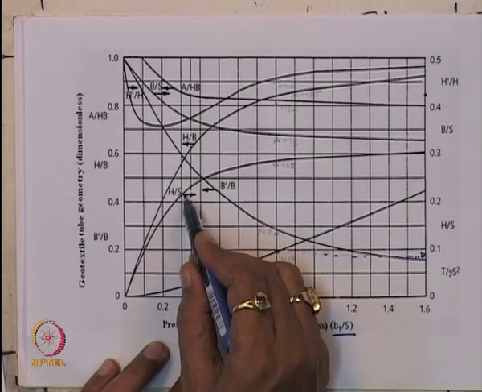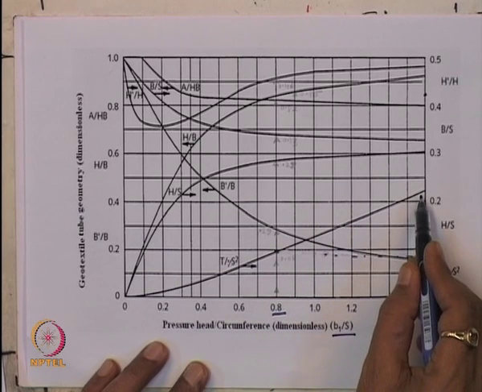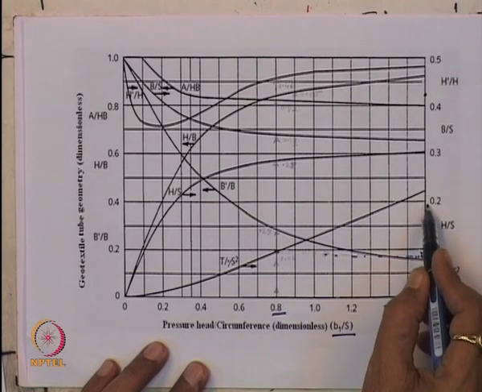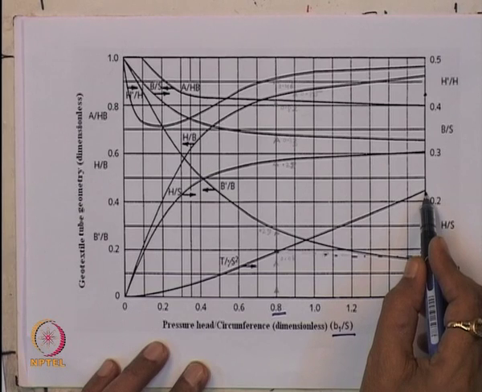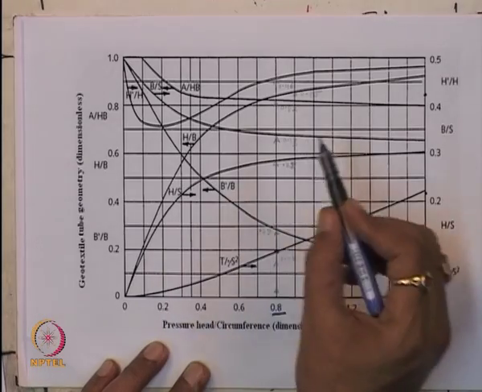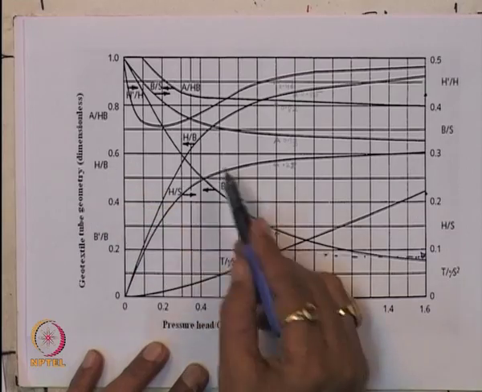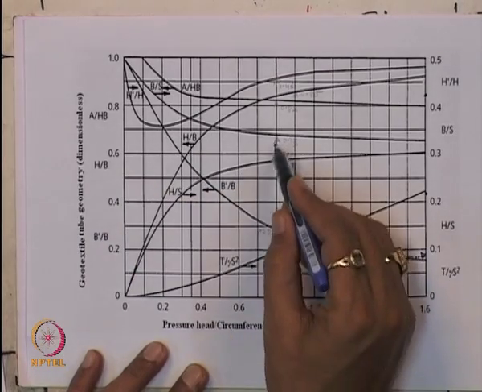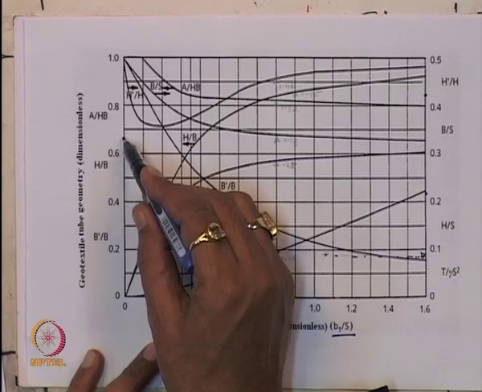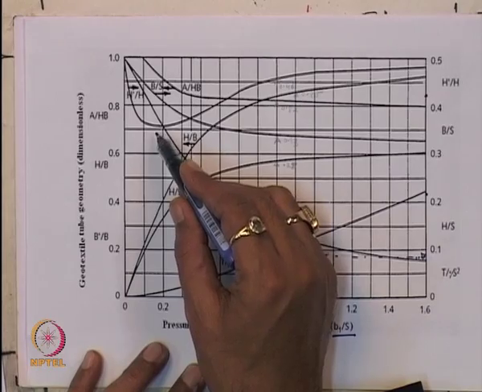Again, H by S: this is for 0.8, so H by S will be in this direction. H by S is equal to 0.28 somewhere here. So H will be equal to 0.28 into 10, that means 2.8 meter. Again, H by B in this direction, this is 0.8, and H by B will give about 0.85.